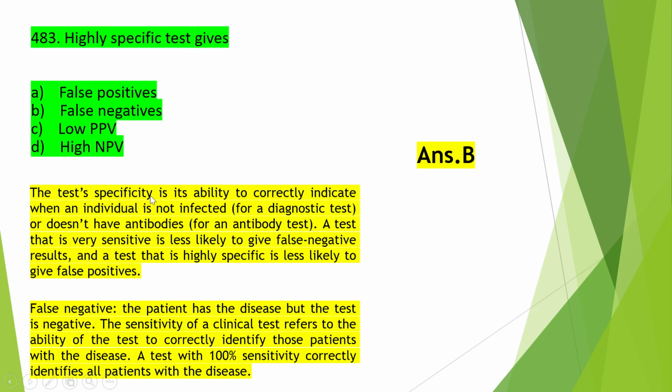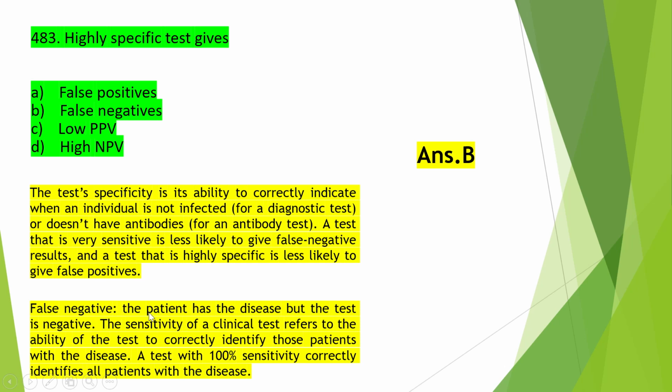So the test specificity is its ability to correctly indicate when an individual is not infected or doesn't have antibodies. A test that is very sensitive is less likely to give a false negative result, and a test that is highly specific is less likely to give a false positive.